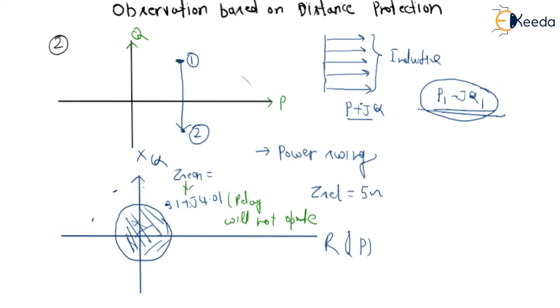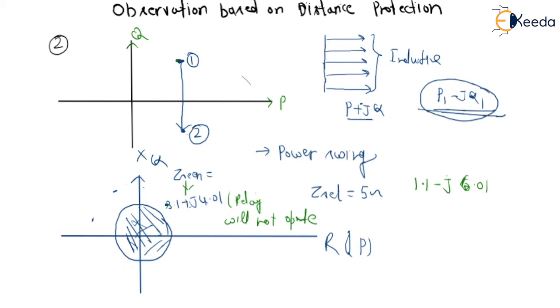So now what we will do, this is the case. Let us assume we have a capacitive load of 1.1 minus j6.01 that has been added. What will happen?